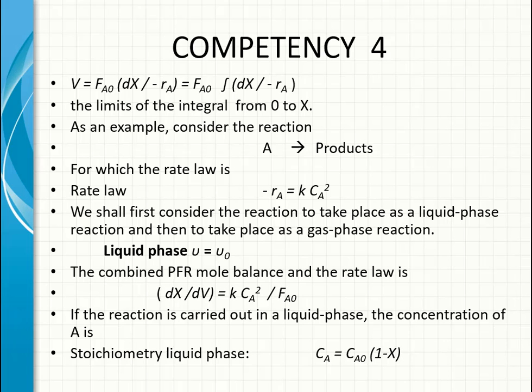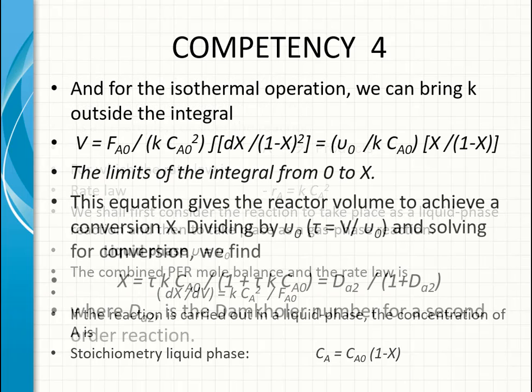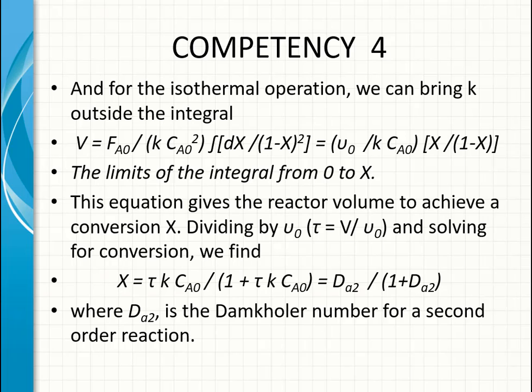If we combine the PFR mole balance and the rate law, we will have that dX/dV equals k CA squared divided by FA0. And if the reaction is carried out in a liquid phase, the concentration of A according to the stoichiometry is going to be CA equals CA0 times 1 minus X. And for the isothermal operation, we can bring k outside of the integral because it's a constant.